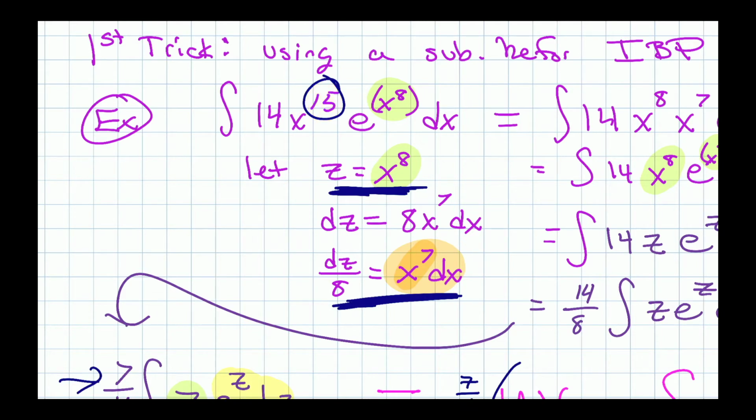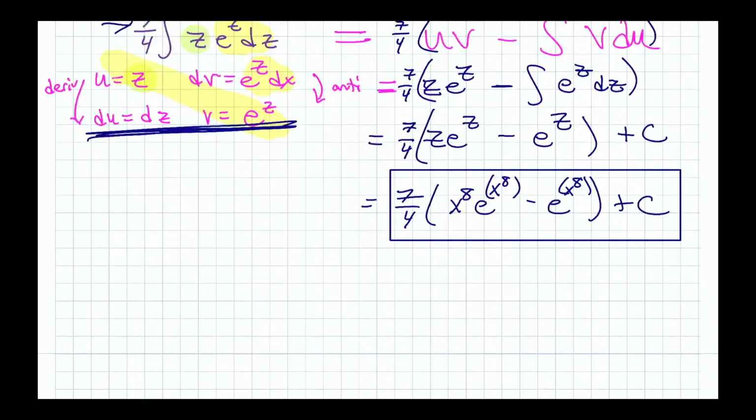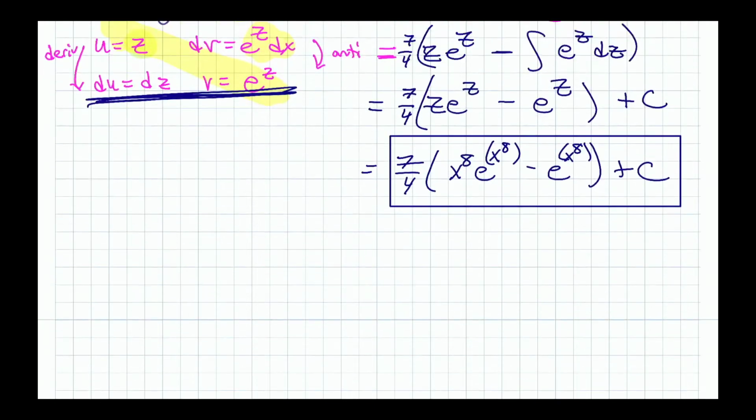Okay, so that's how that works. Anyway, so that's one thing you can do. And you should be able to recognize those in the problem set. They all look basically the same.